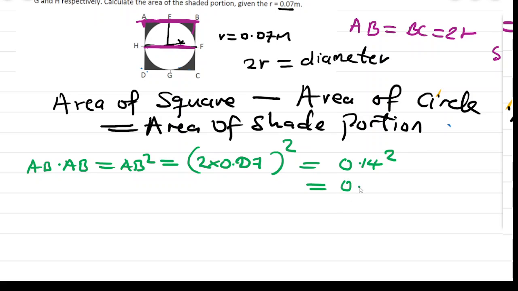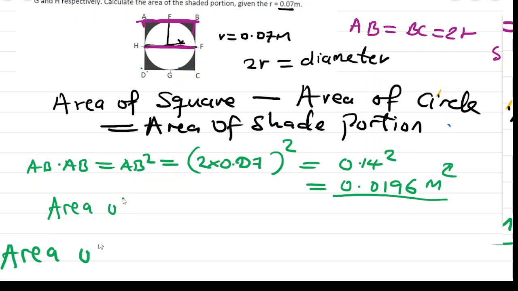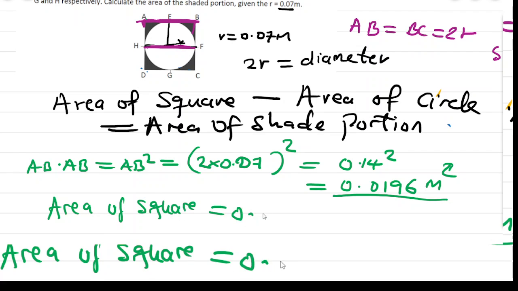So no, 0.0196 square meters. That is the area of the square. So the area of the square is equal to 0.0196 square meters.